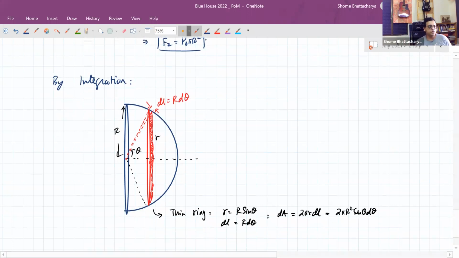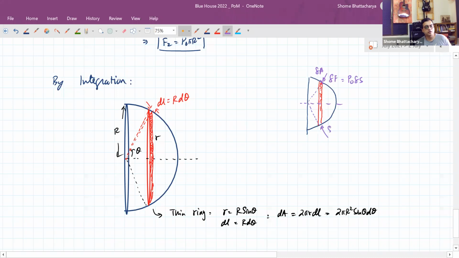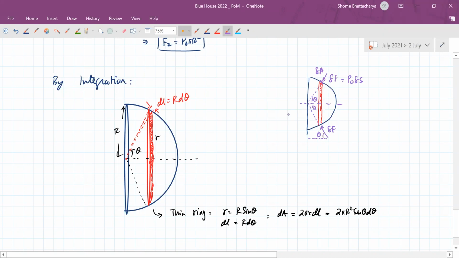Now we consider the force on the thin ring. To understand that, if you take within that thin ring a small area delta A over here, then that experiences a force, delta F, like this, which is pointing towards the center, of P naught into delta S. But then on this side, there is another force of the same size. So for these two forces, the sine components cancel and the cos components add.